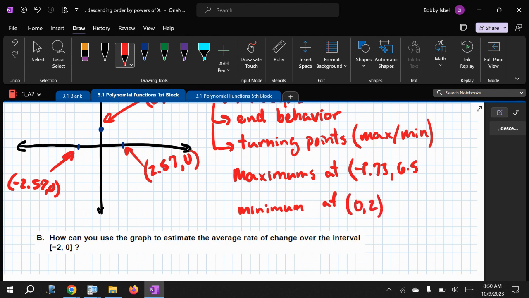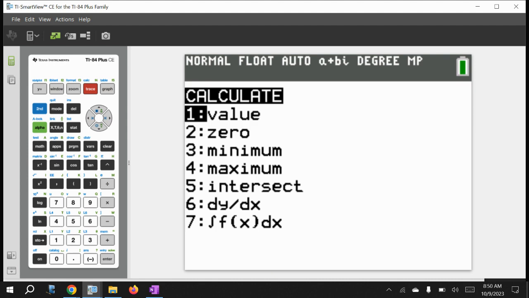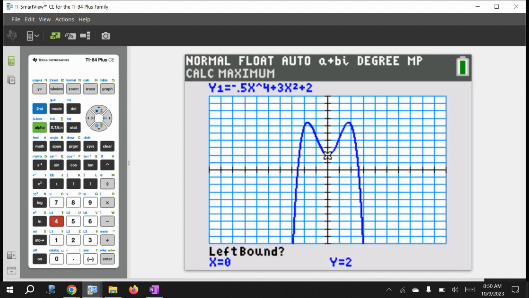And then let's find that other maximum for that graph. So I'm going to hit second trace, and I'm going to go to that other maximum. We'll go to the left of it, hit enter. Go to the right of it, hit enter. Guess, just move back a little closer. Positive 1.73, 6.5.